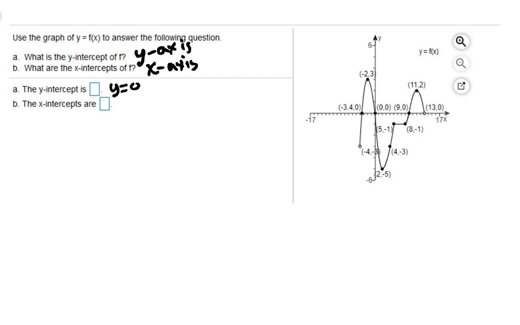So we do have three x-intercepts of negative 3.4, 0, and 9.